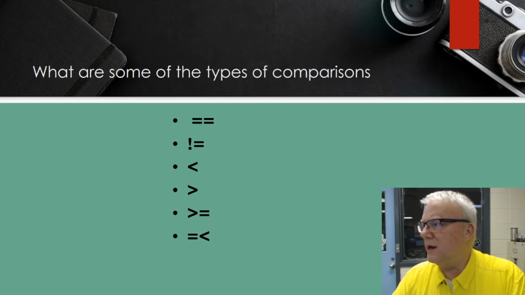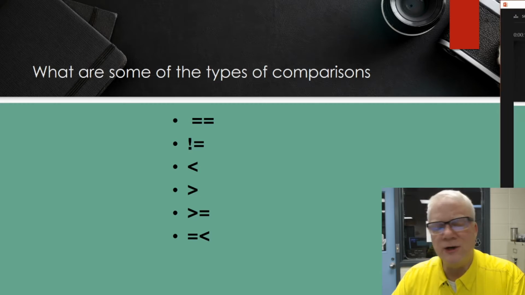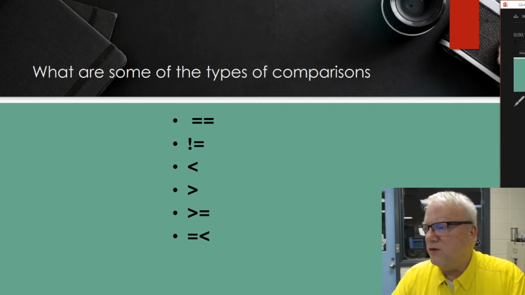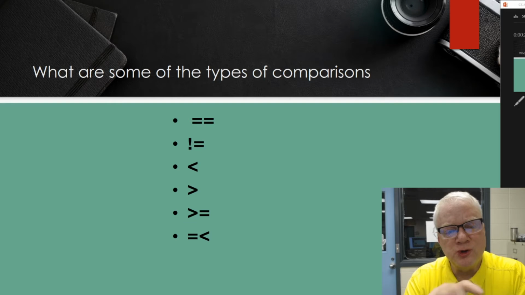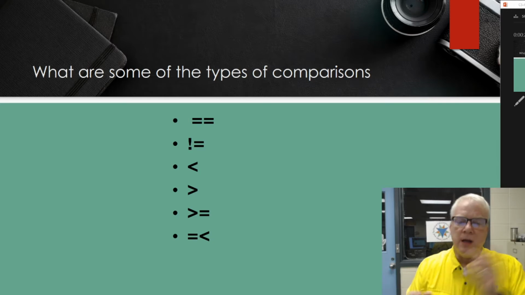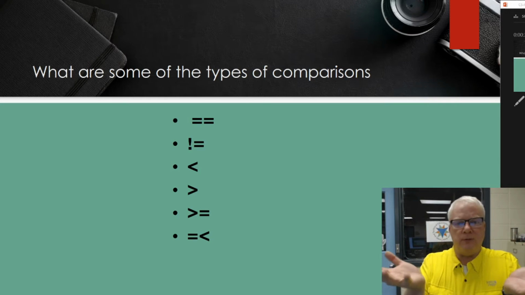In this slide, it basically is showing us all of the comparison operators that we could use. Okay, so that first one is the equals equals, and there, remember, we're comparing one item to another item. Apple, apple, right? Are they the same?